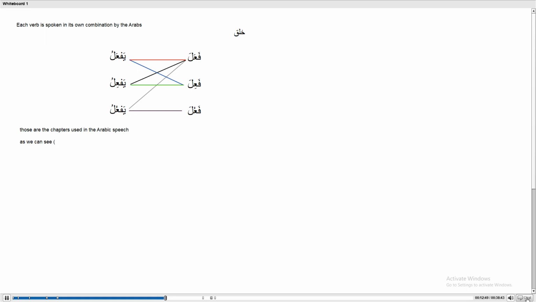And as we can see, فَعَلَ got the biggest share of combinations. And this is because of it being the lightest on the tongue.